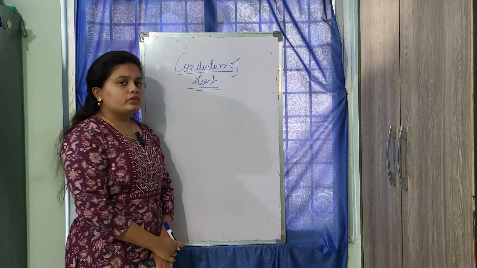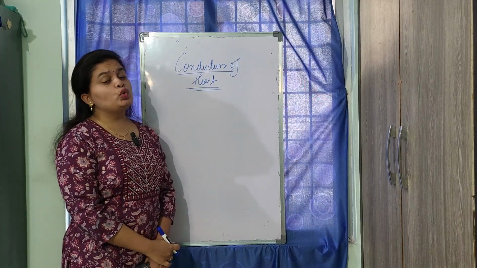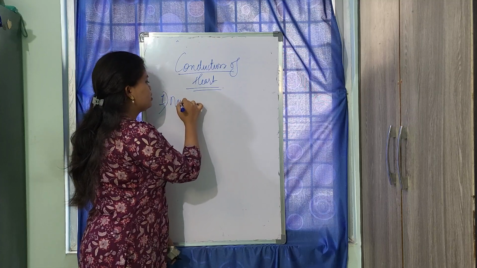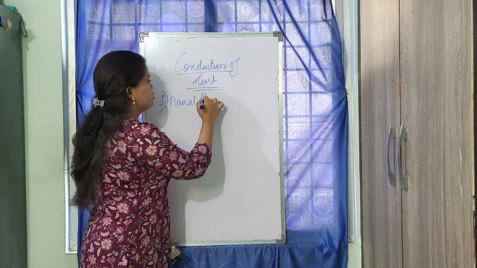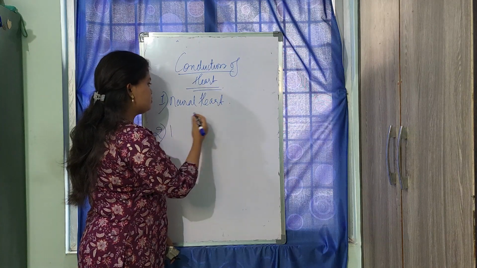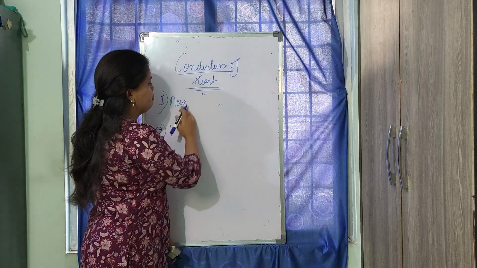When we talk about hearts, there are two types of hearts in general: the neurogenic heart and the myogenic heart.